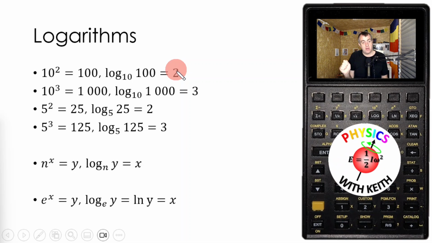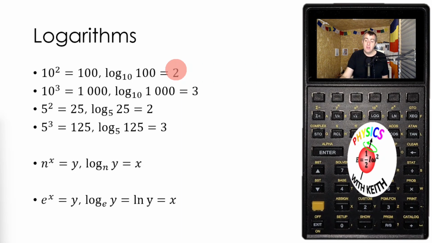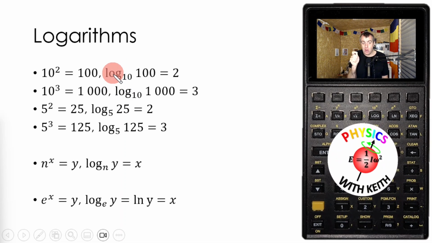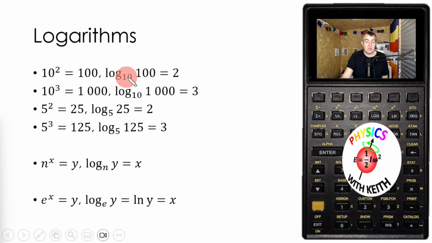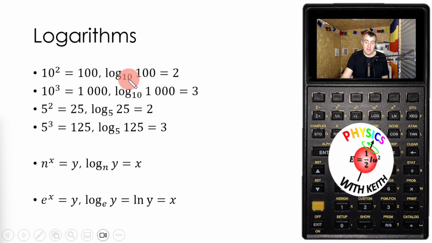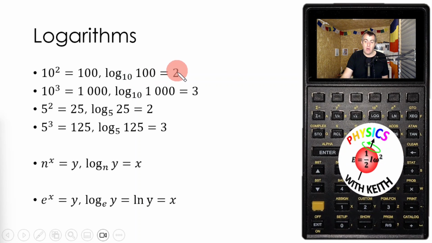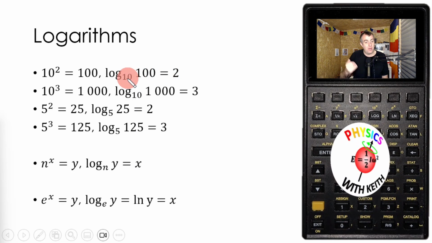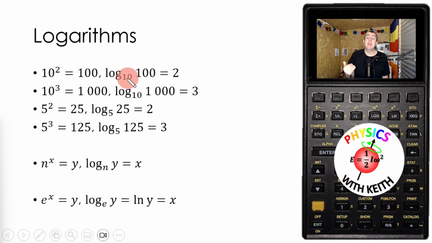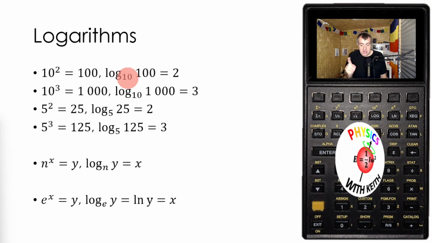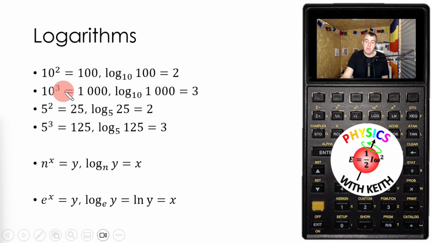Remember that logarithm is just another name for power. So this function, log, returns the power on that base that is equal to this value. Base 10, the power of 2 is equal to 100. So the logarithm on the base 10 that is equal to 100 is 2. That is the power.